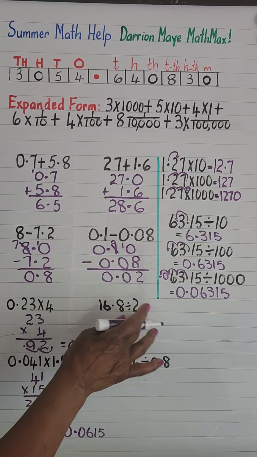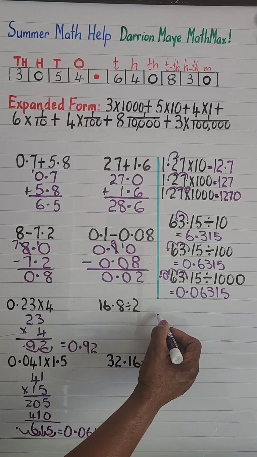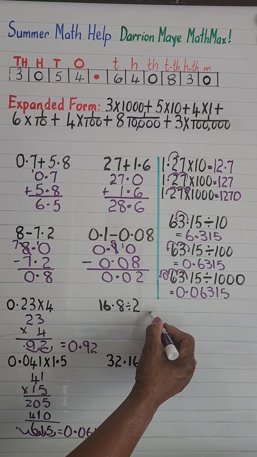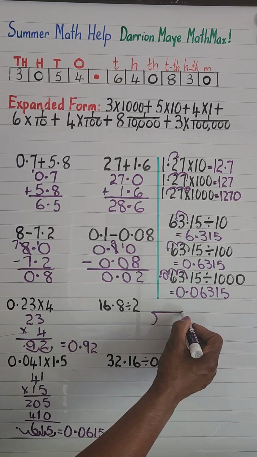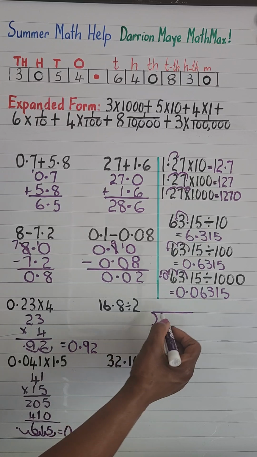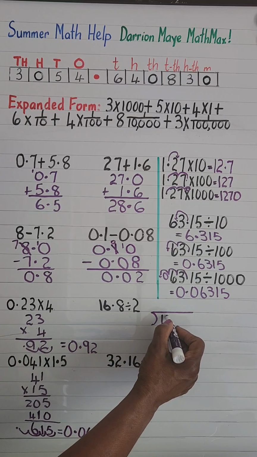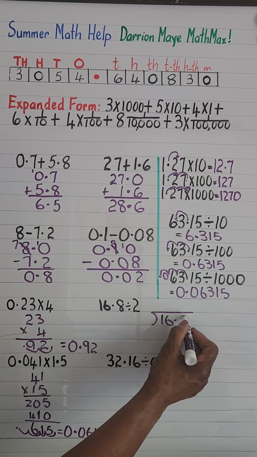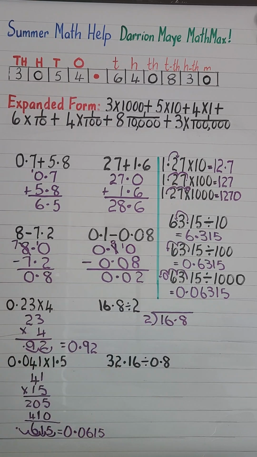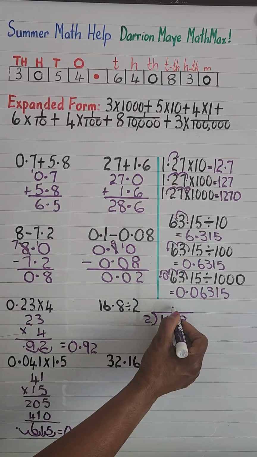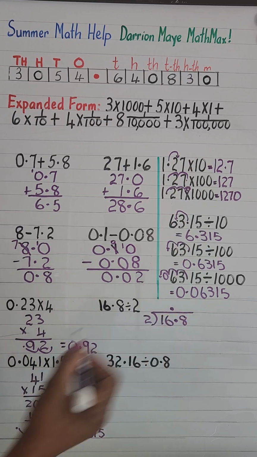So 16.8 divided by 2. Now let's line up the point in the answer.